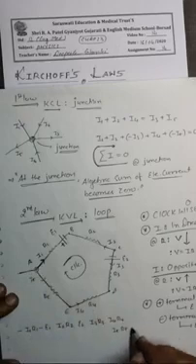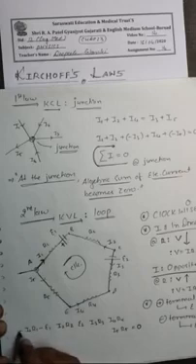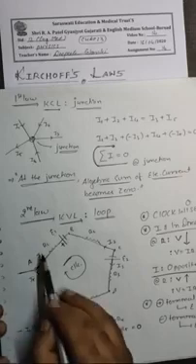Again point A means 0, electric potential is the same. Got it? Here in the first side only we took the sign.